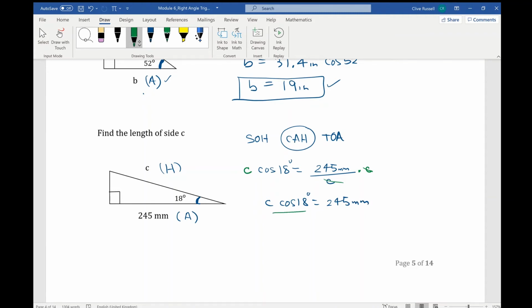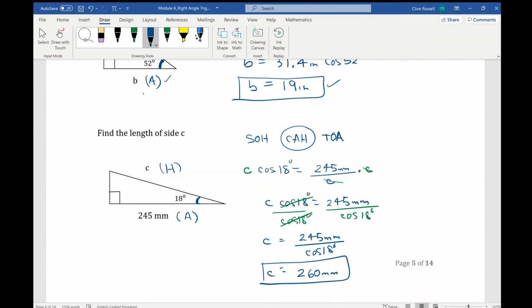So we divide both sides by the cosine of 18 degrees, and you're now left with c is 245 millimeters divided by the cosine of 18 degrees. You simply plug that in your calculator and you get 260 millimeters rounded.